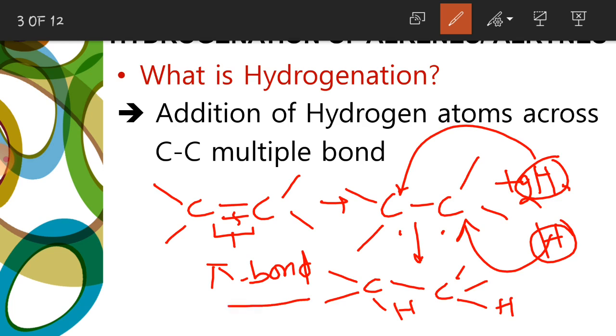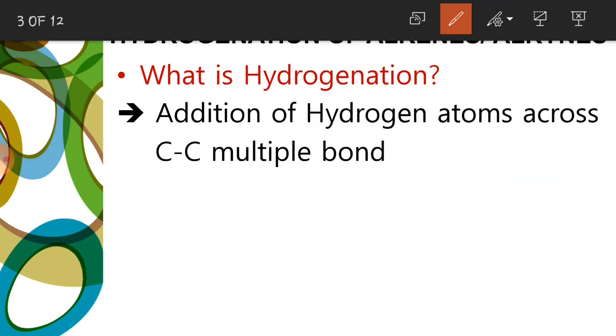So this means that in the process of hydrogenation, a saturated compound has been produced. So whatever reaction, if there is the addition of hydrogen across the double bond or across the triple bond, then that reaction would be called the hydrogenation reaction.